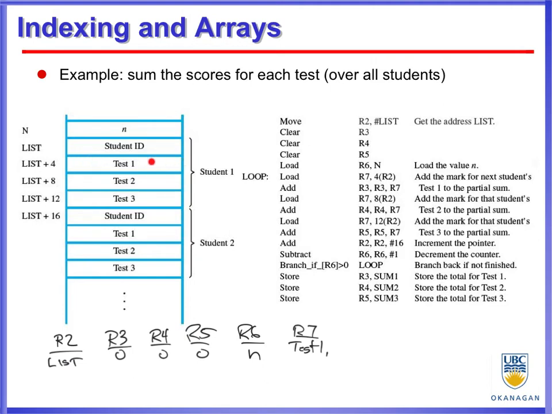If these were 64 bits each, then this next one would be list plus 8, 8 bytes later. 8 times 8 is 64. Yes, sir? So you can only increment by the number of bytes in a word? We want to in this case because we want to go to the next word in memory. In other situations, we're going to look at an example a little later where the data is actually characters typed on a keyboard, and a character only requires 8 bits to be stored.